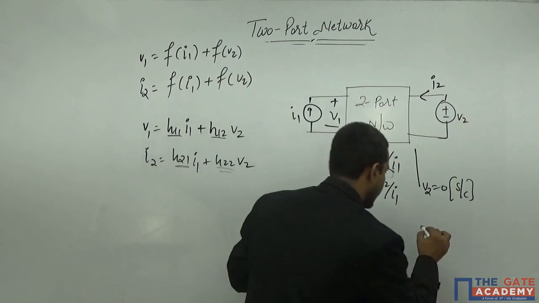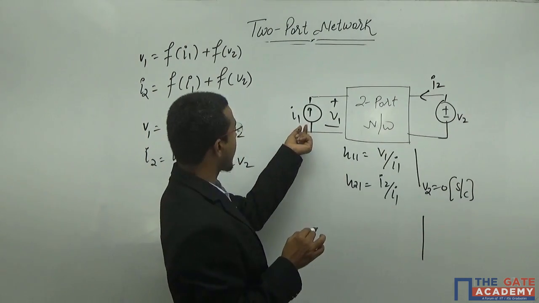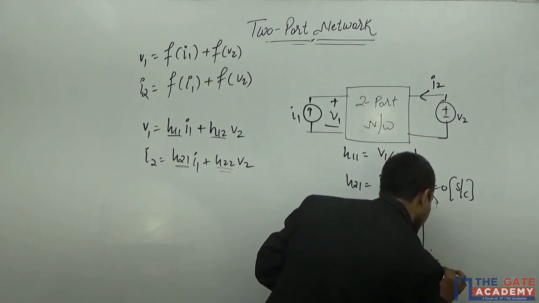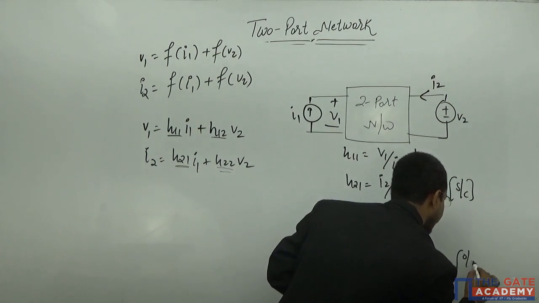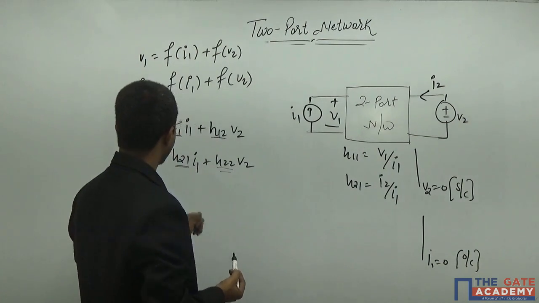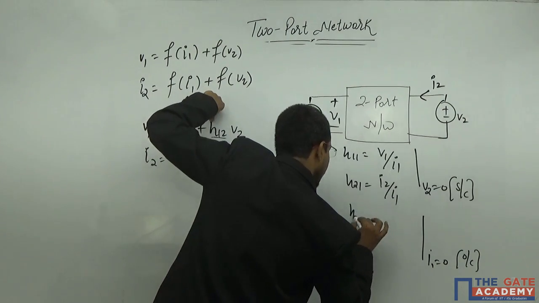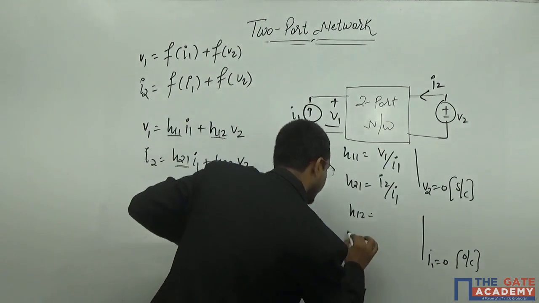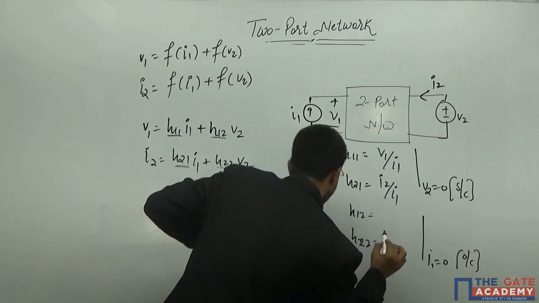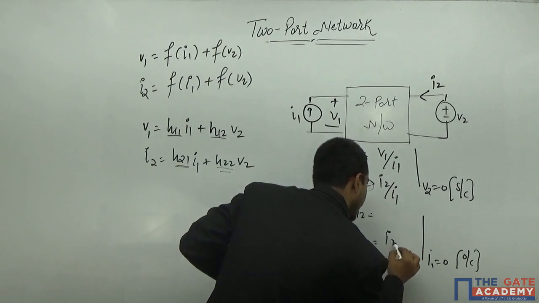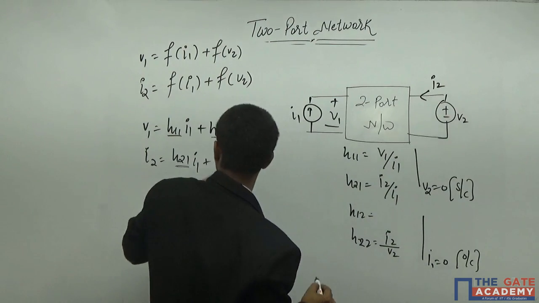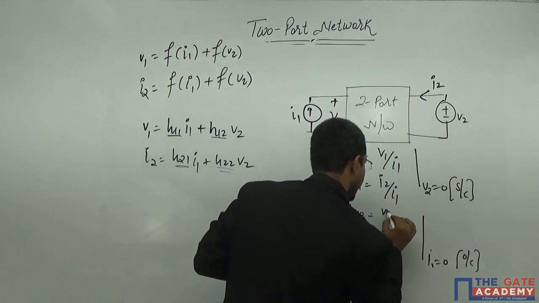Now for the second side, I1 equals 0, which means an open circuit. Whenever you place I1 equals 0, you can calculate the value of H12 and H22. H22 will be I2 by V2 and H12 will be V1 by V2.